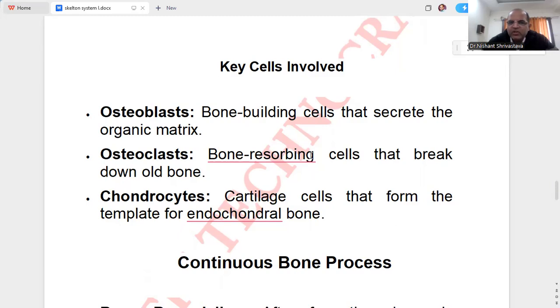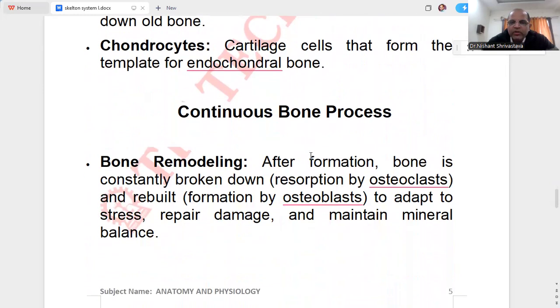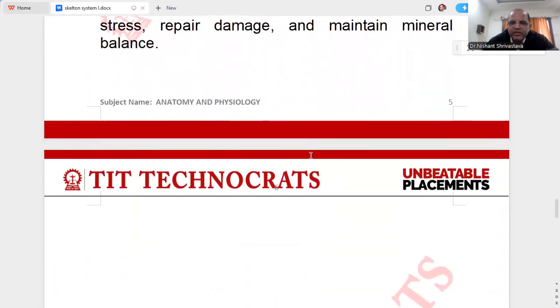Another one is the osteoclast, bone-resorbing cells that break down old bone. Then chondrocytes, cartilage cells that form the template for endochondral bone.